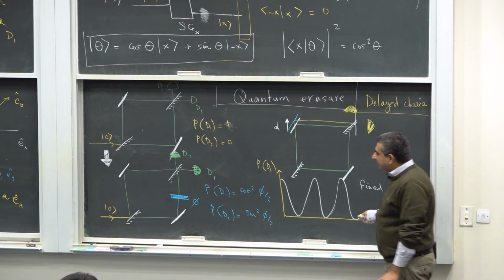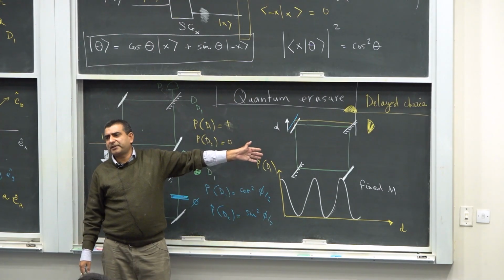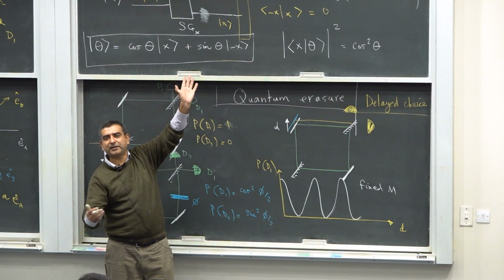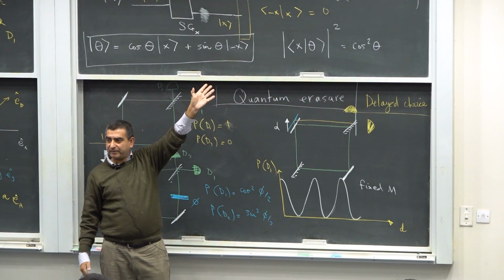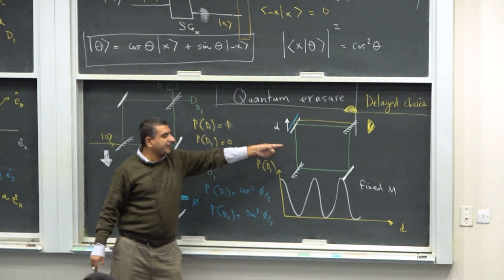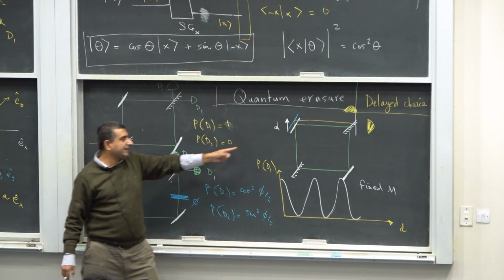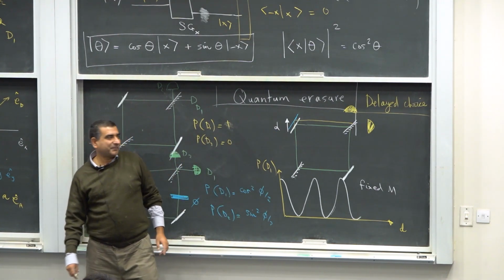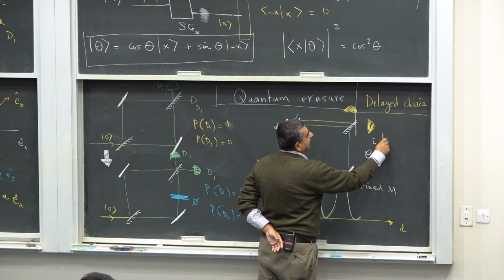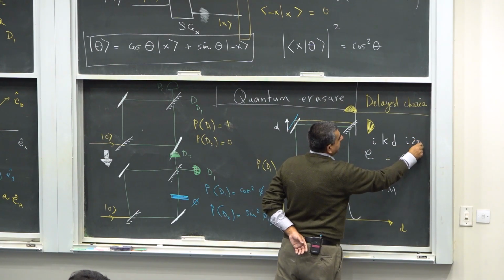By the way, I'm getting a little bit into experiments. This is what you would do in a Michelson interferometer. You might have worked with a Michelson interferometer in school. You have two path lengths and you change one mirror a little bit and you get a different kind of interference fringe. Anyway, this is a nominal beam splitter. It achieves the same effect as you would with a phase element, because this d also imparts an extra phase, which is given by e^{ikd}, where k is 2 pi over lambda.